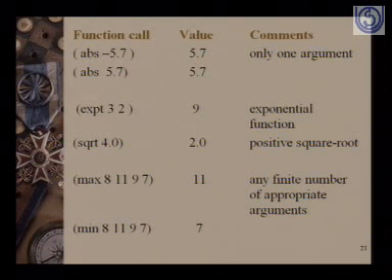For example, this expression, a pair of parentheses including max 8, 11, 9, 7, stands for a sequence of processes, which first of all picks up the two numbers 8 and 11 and finds their maximum. The maximum of these two numbers happens to be 11.